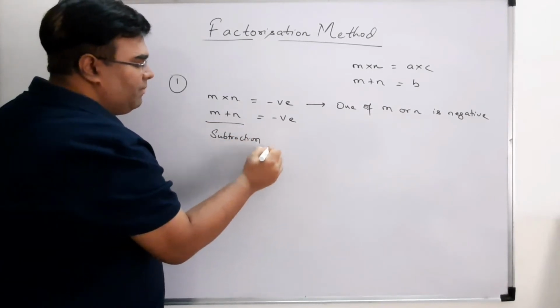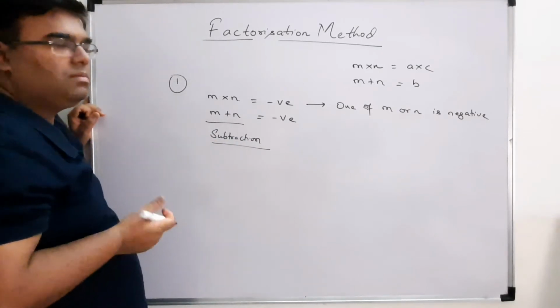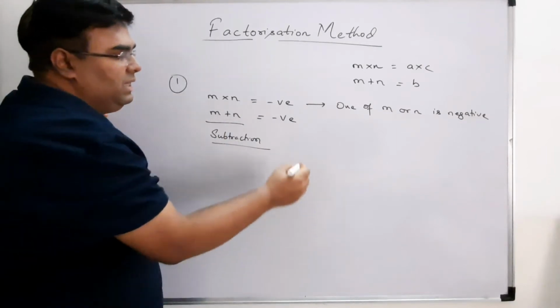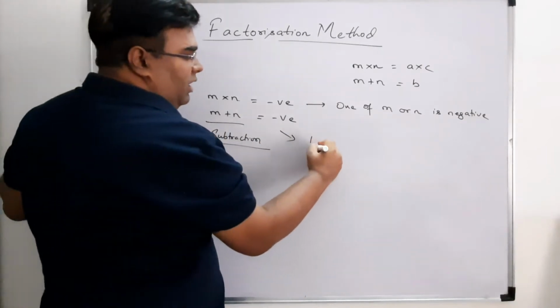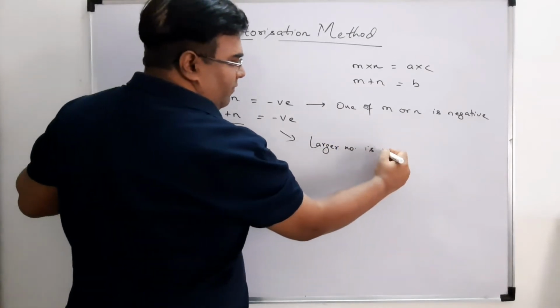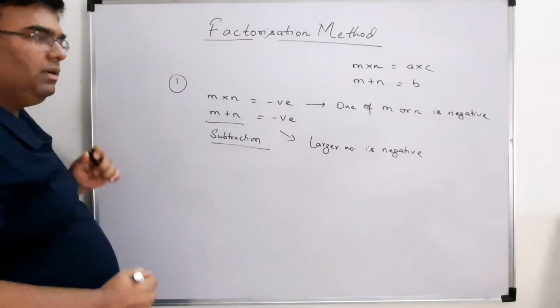In subtraction there is one larger number and one smaller number, and since the answer is negative, we can say that our larger number is negative, because we take the sign of the larger number, right?